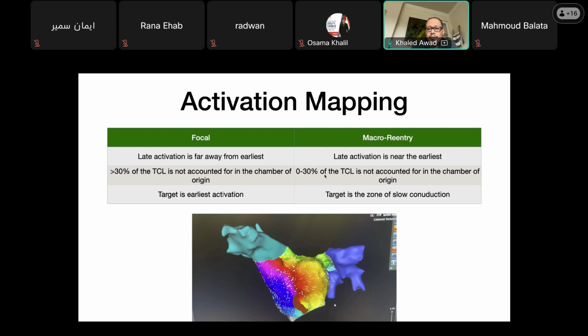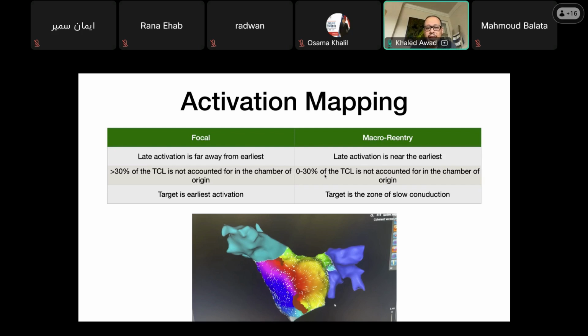Whereas if we're looking for macro reentry, and you adjust your window properly to start right before the onset of the P wave, or 40 milliseconds before, then ablating the earliest annotated signals is theoretically directing you towards the exit of the circuit. That should work.